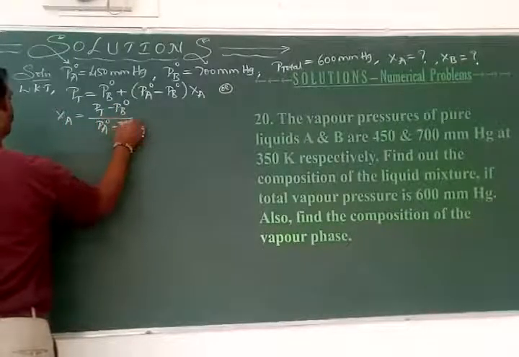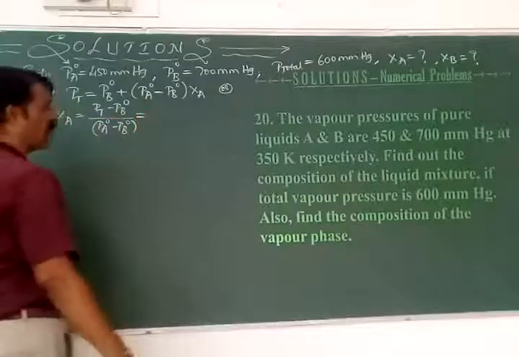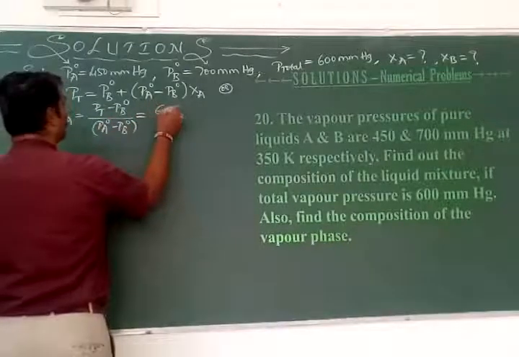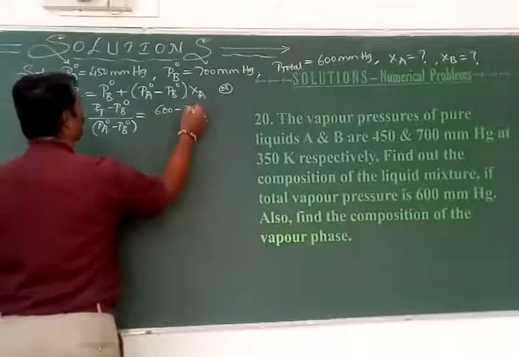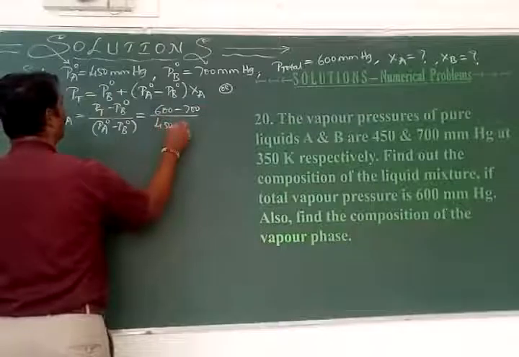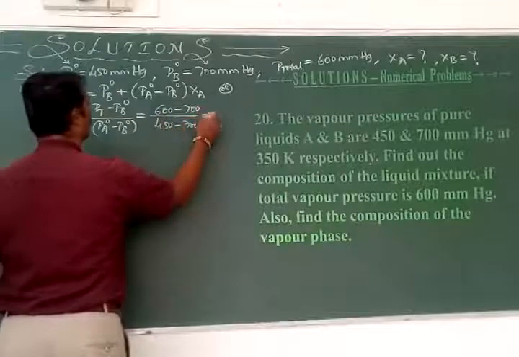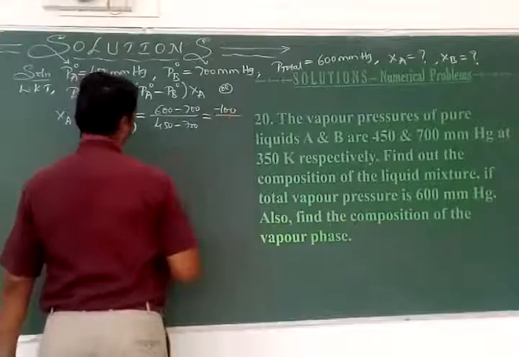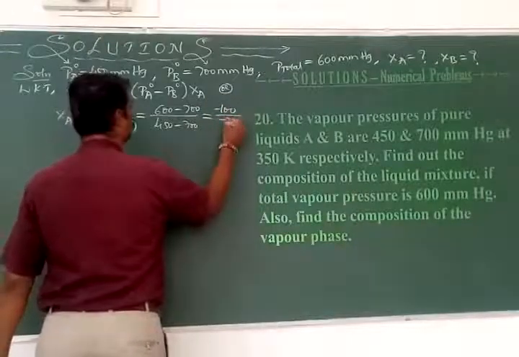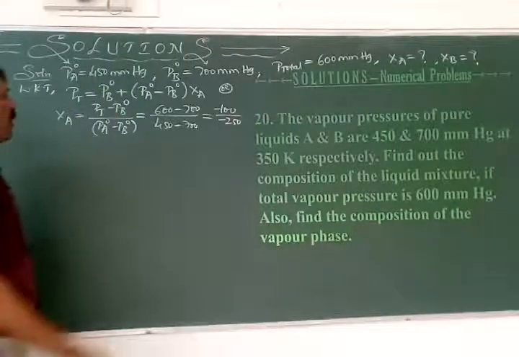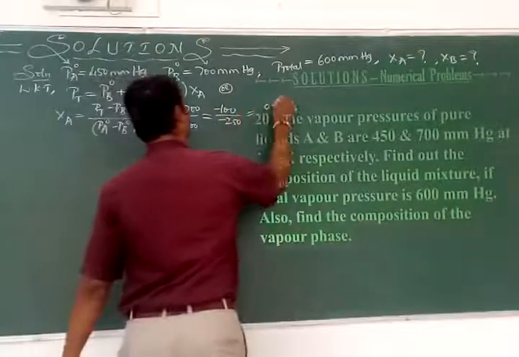That is 600 minus 700 divided by 450 minus 700, which is minus 100 divided by minus 250, so it is 2 by 5, which is 0.4.